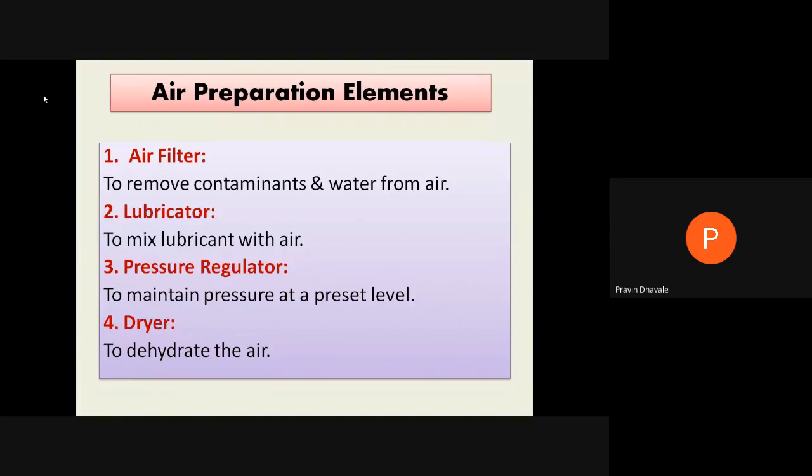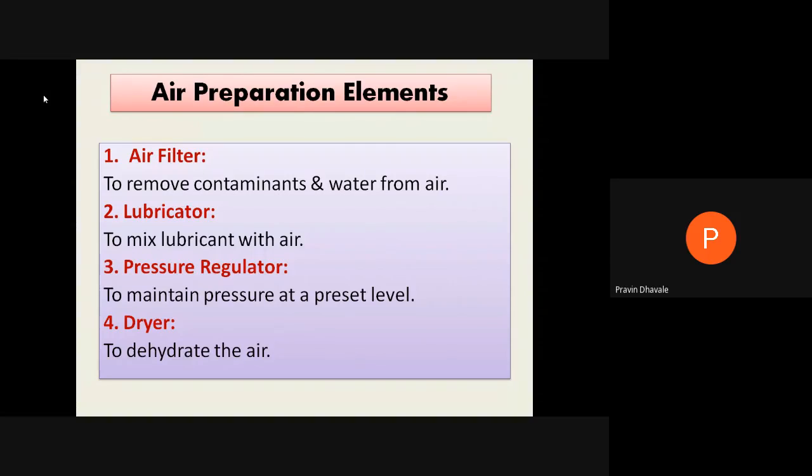And the fourth part is the dryer. The dryer is required to dehydrate the air. Dehydration means you have to remove the water, water vapor particles, or moisture from the air.